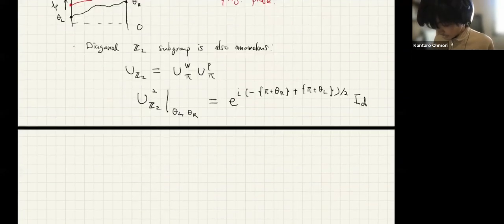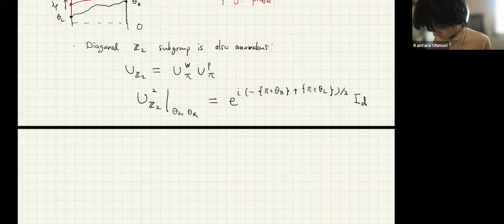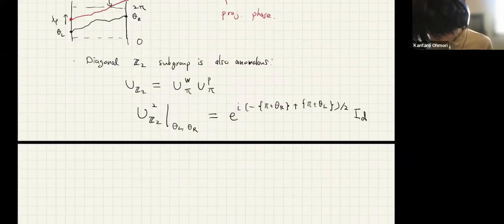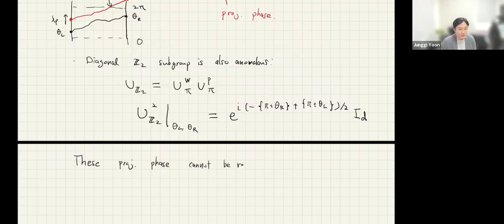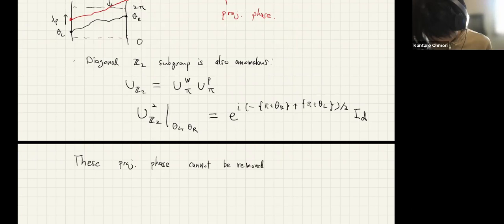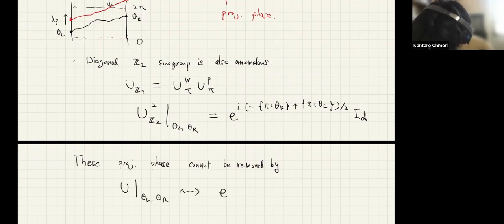And these projective phases cannot be removed by redefining U acting on the theta L, theta R boundary conditions, like you might want to modify this.